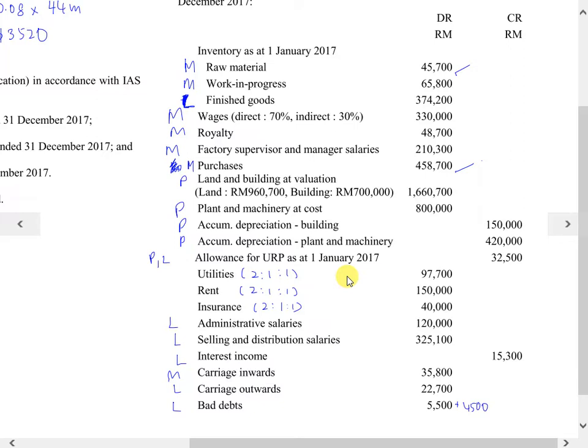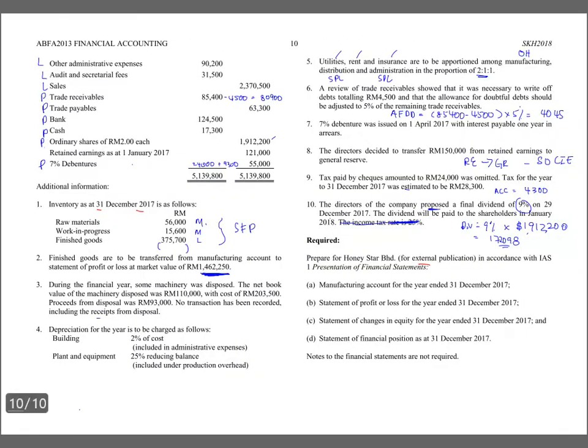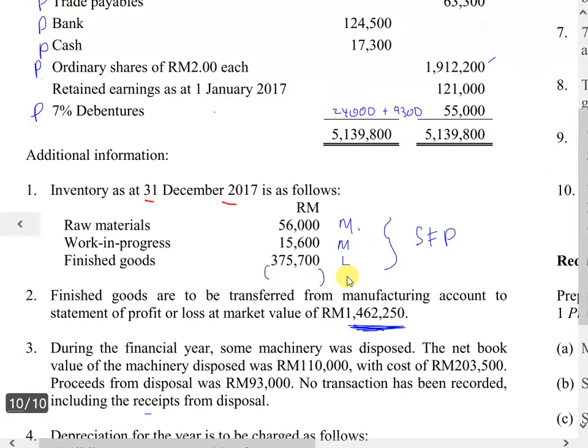No, but I got carriage inwards. So opening, purchase, import duty, carriage inwards, plus, add up, then minus closing raw mat, note 1. Closing raw mat, note 1, settle. What is the term? Cost of raw mat consumed.